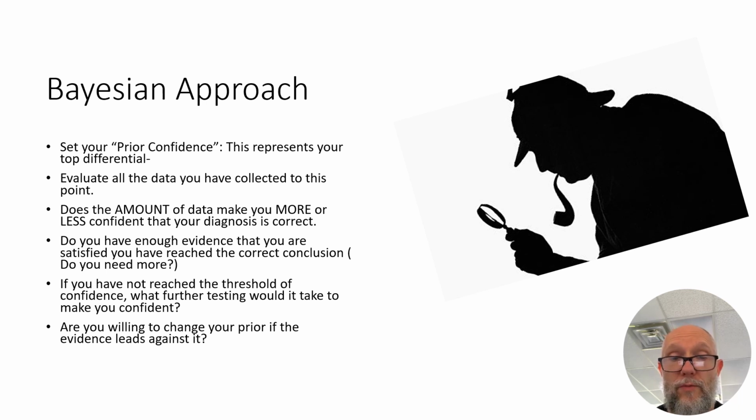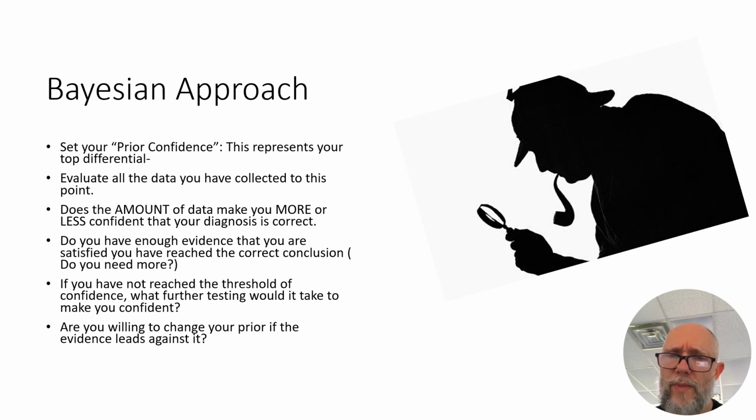But if you recognize that you haven't reached that threshold of confidence, then you need to ask yourself, well, what do I need to get to that level of confidence at which I'm going to pull the trigger and start treating the patient? And then that makes things really easy. What do I need to show myself to say, yep, I've got this in the bag. I know what this is. I'm ready to treat. We'll just do that one thing, right?